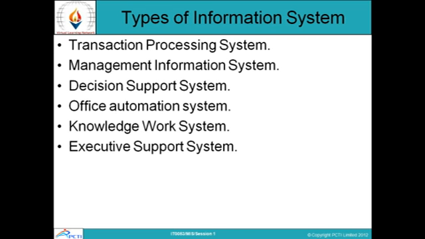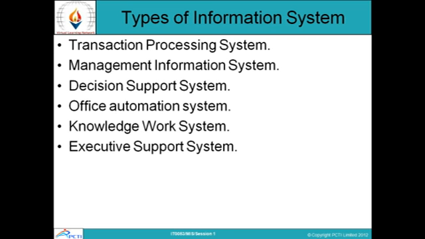All these systems represent the information system in different domains. The transaction processing system involves the processing of day-to-day transactions, and such a system, TPS, should be fast enough to perform the routine work in an efficient and speedy manner.